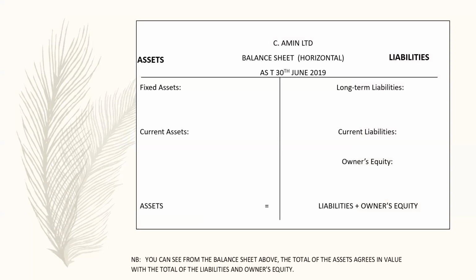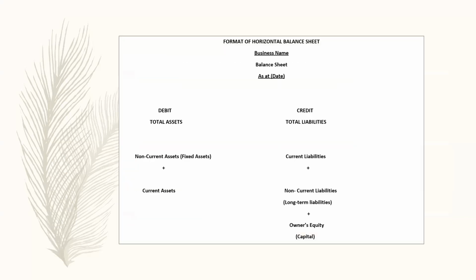For those of you who have your phone nearby, just take a little picture as to how the horizontal balance sheet should look. You are going to put all of your assets on the left side, that is your current assets and your non-current assets, and on the right side, you're going to put your current liabilities, your non-current liabilities, and your owner's equity.